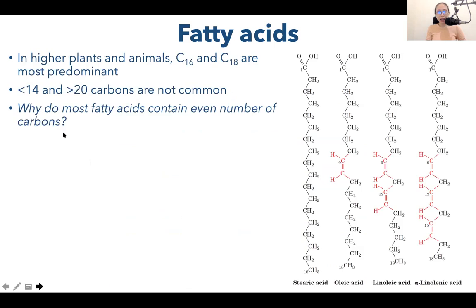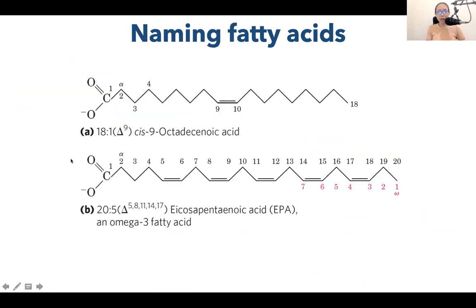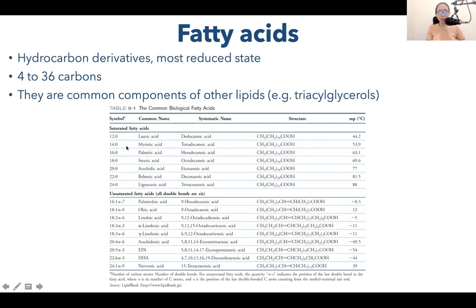And then, when you name fatty acid, nakita natin kanina dun sa table, meron siyang 12:0, and so on for your saturated fatty acids. For your unsaturated fatty acids, you have, for example, kay oleic acid, 18:1.